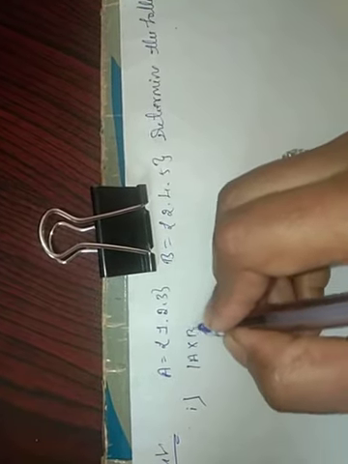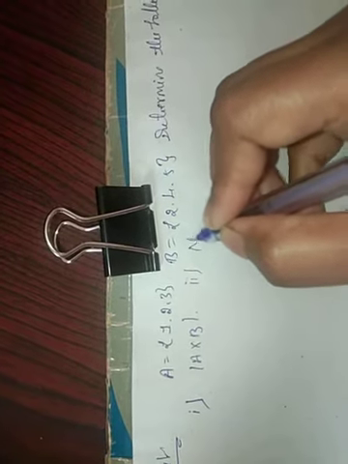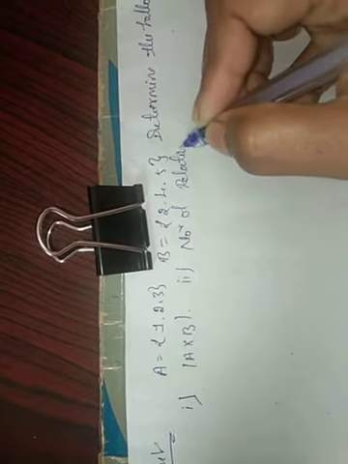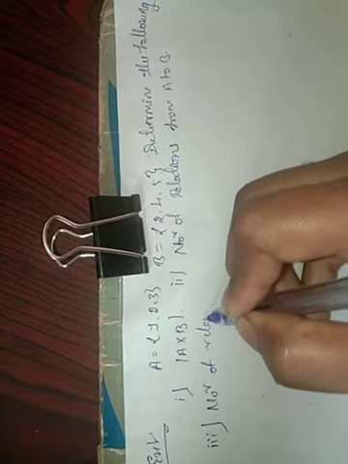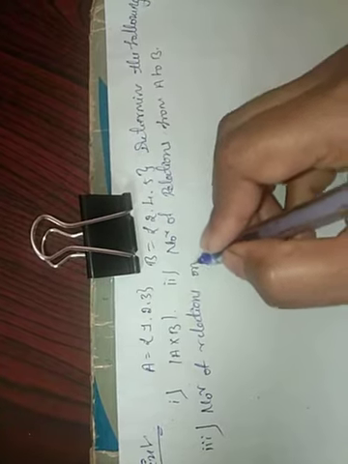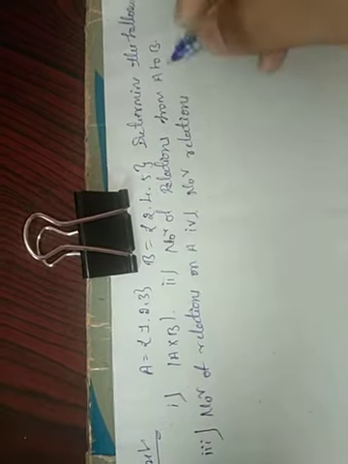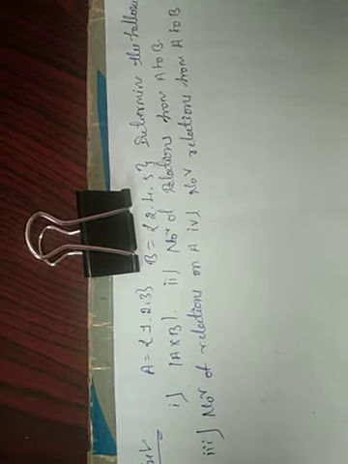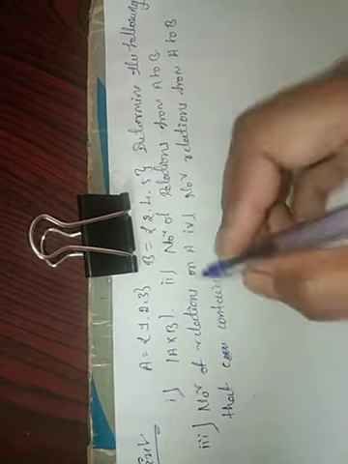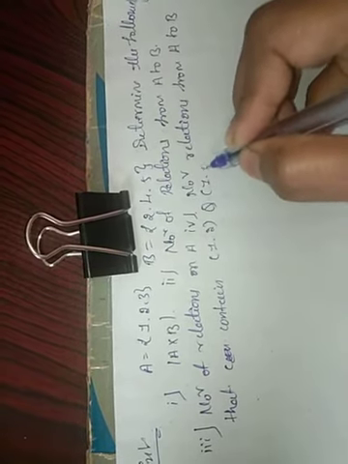First, find the number of elements of A cross B. Second, the number of relations from A to B. Next, find the number of relations on A. Next, the number of relations from A to B that contain (1, 2) and (1, 5).